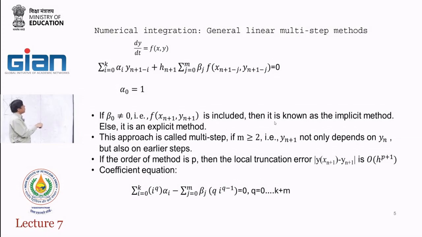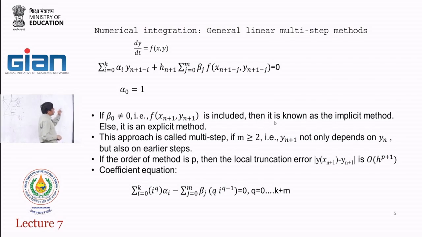So this is how you generally solve these problems. The question is how many k's you keep and how many m's you keep, because that is where the order and the error of the terms keep changing, okay? So here alpha 0 equal to 1 basically means that I am predicting y n plus 1, starting from y n and other terms, right?